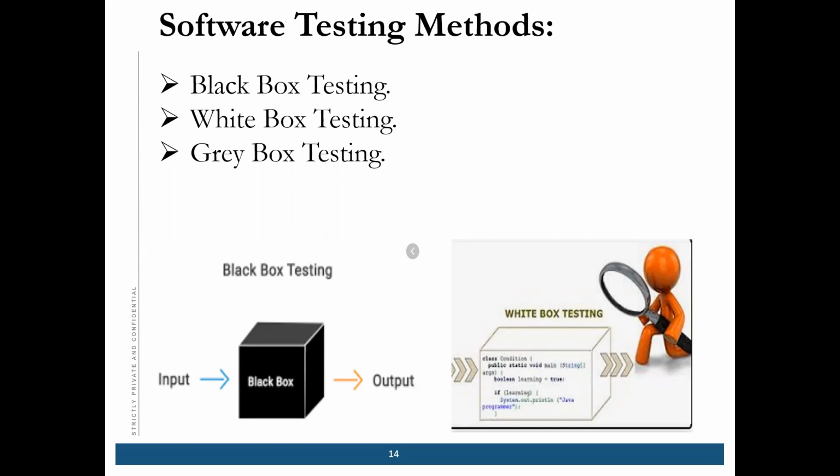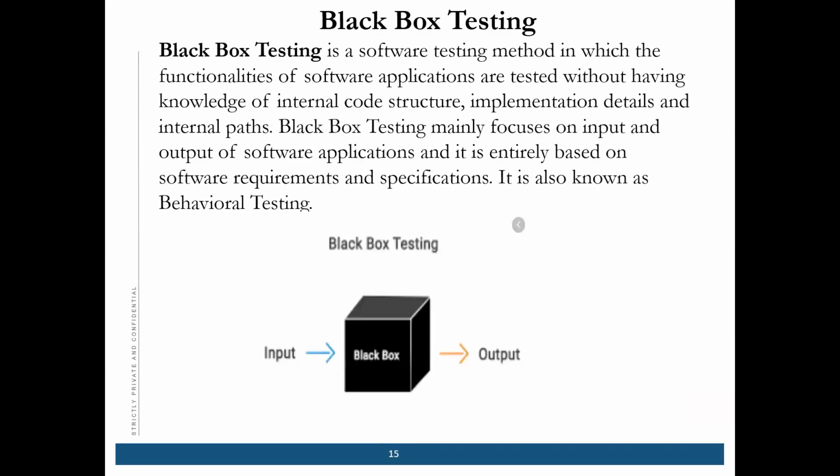That is why it is called white box testing, where you can see the internal structure, what is happening, what the coding part is. So you can see the code and based on that you are doing testing.